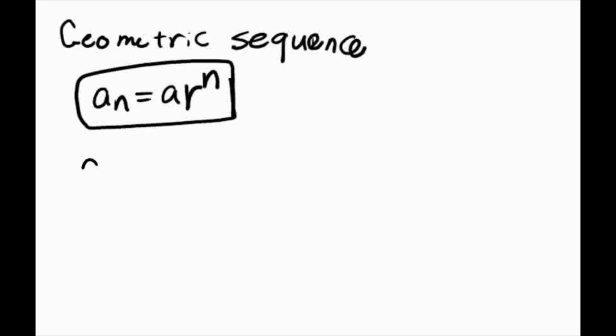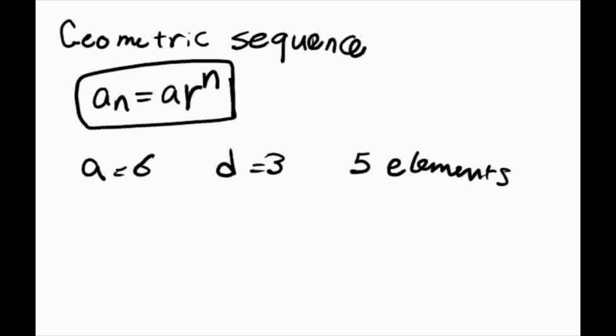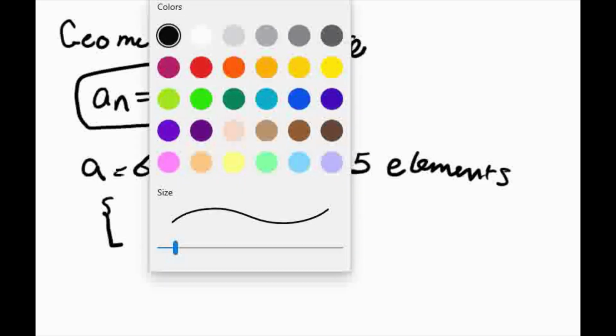Now let's look at an example for this. If we have a equal to 6, and if we have d equal to 3, find 5 elements of your sequence. So we want to find 5 elements. I'm going to open my brackets here. The first element is going to be, what color should we use?